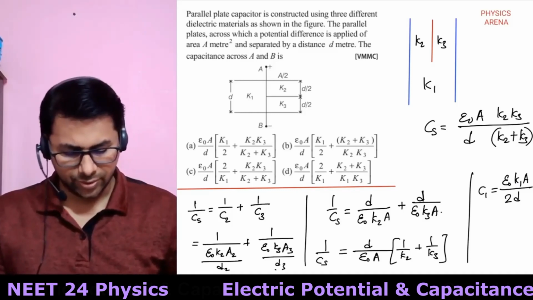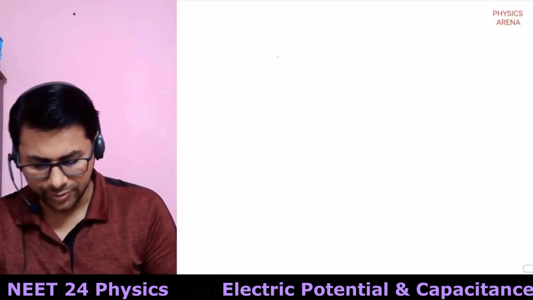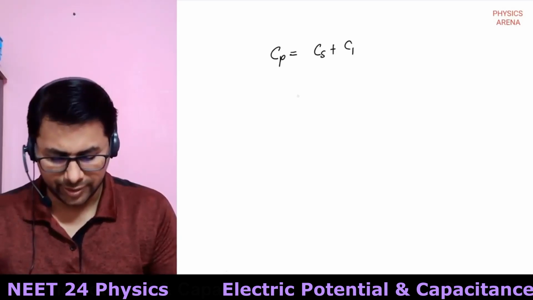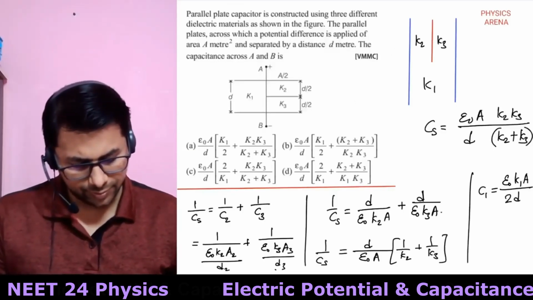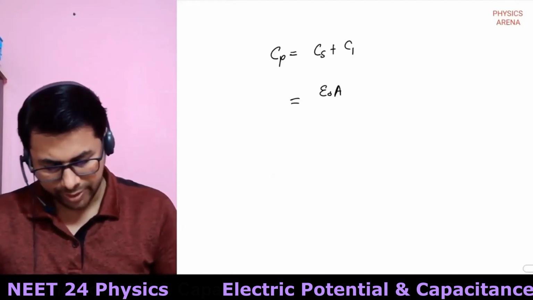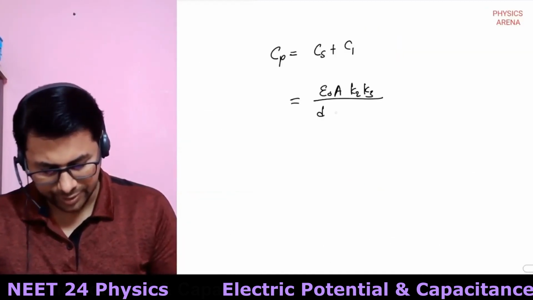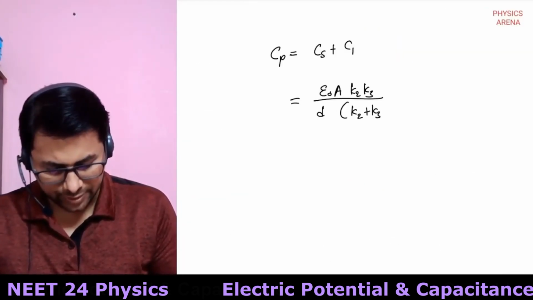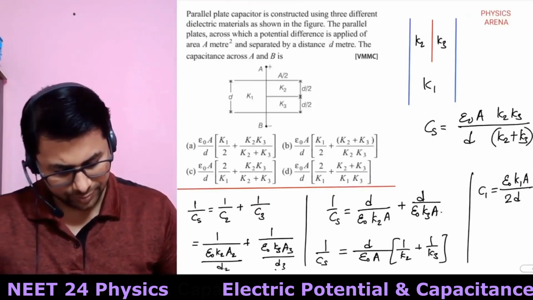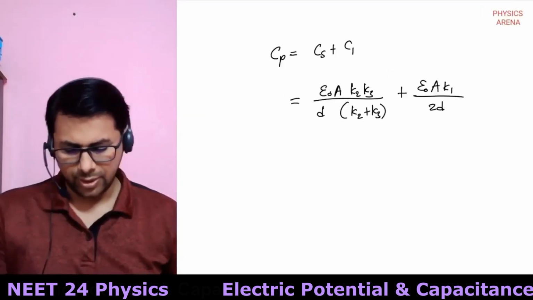So just add it up, you get the total capacitance. The total capacitance of this parallel combination will be equal to Cs plus C1. That is equal to epsilon naught A K2 K3 divided by D times (K2 plus K3), plus epsilon naught A K1 upon 2D.